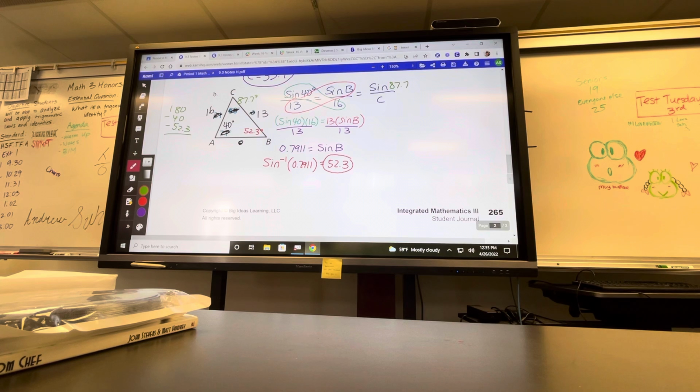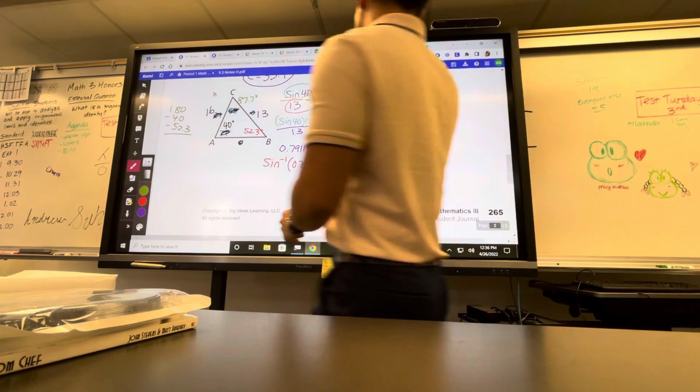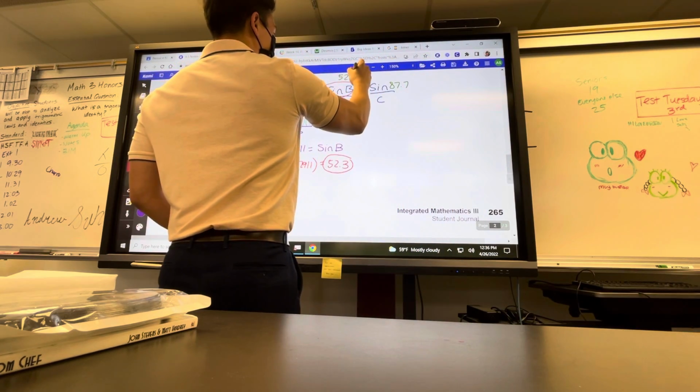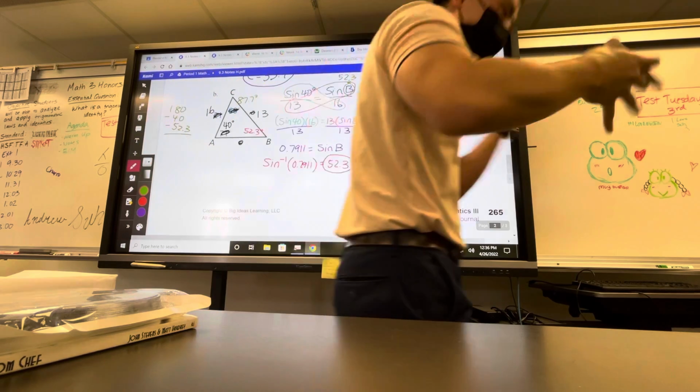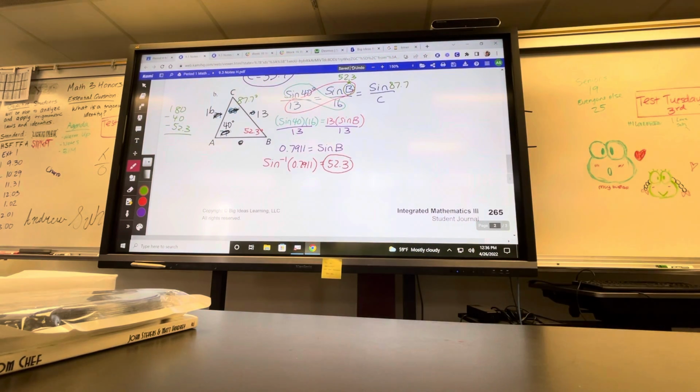Yes. Okay. Whoops. There's something wrong. Plug in sine b as well. Sorry. I was like, what am I doing wrong? Yeah, that's also being replaced with 52.3. That goes there. That way we can solve it.